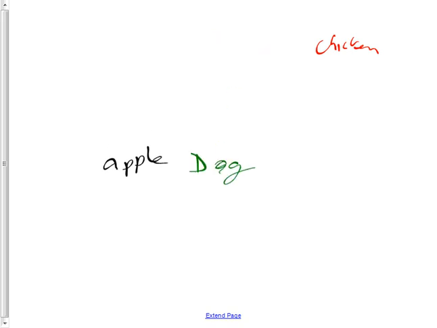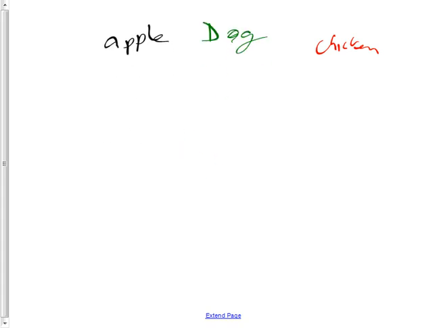If I pull out apple and dog, and if that's the exact same thing as dog and apple, if the order doesn't matter, am I doing a combination or a permutation? Combination. Okay. If I ask you to write down all the combinations of 2 things, how many 2-thing combinations could you have?